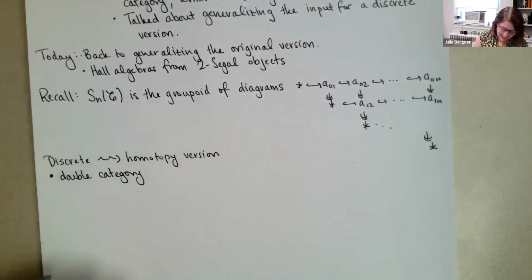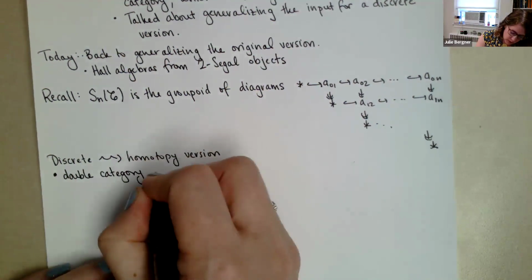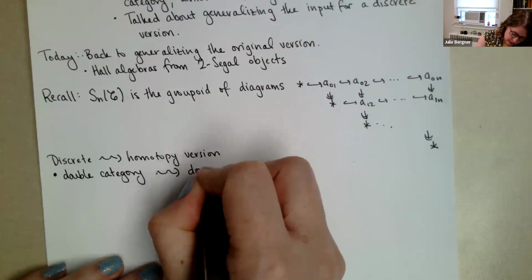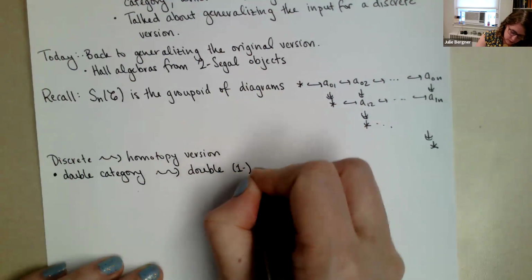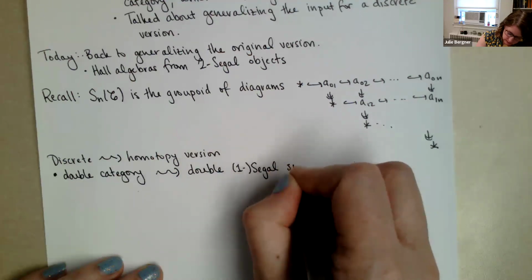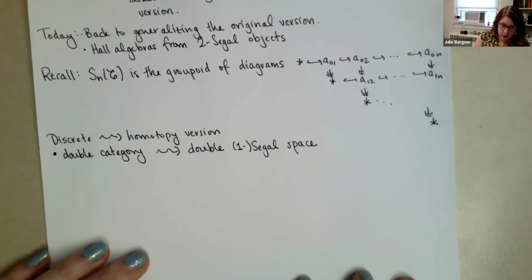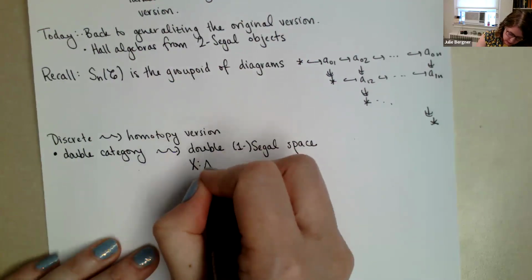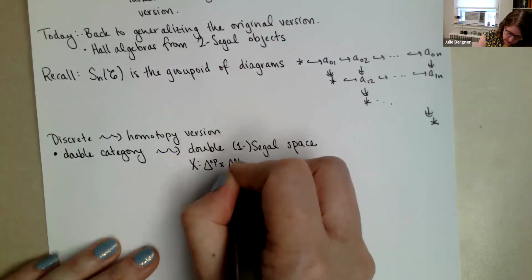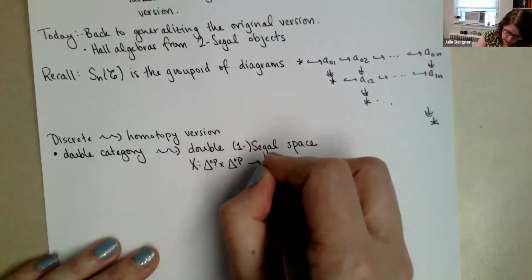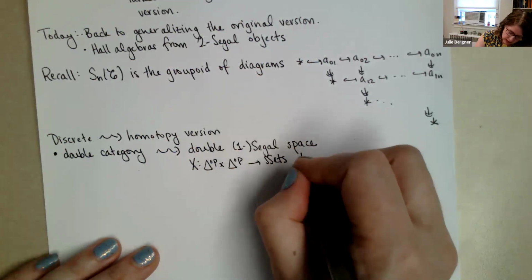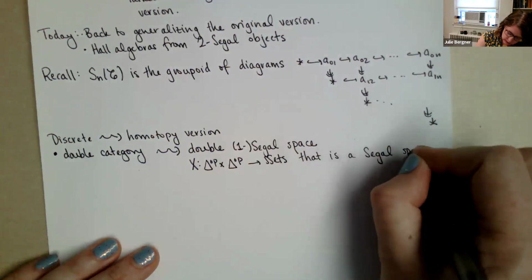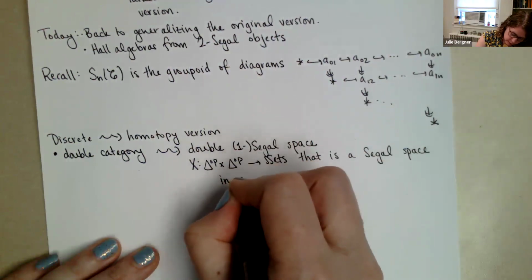Yeah, okay, great. So the right homotopy version of a double category is a double Segal space, or a double one Segal space. So what is that? This would be a functor from delta op cross delta op into simplicial sets that is a Segal space in each variable.